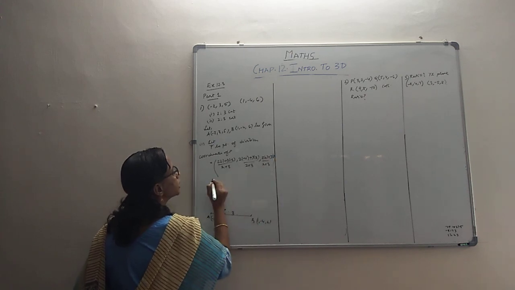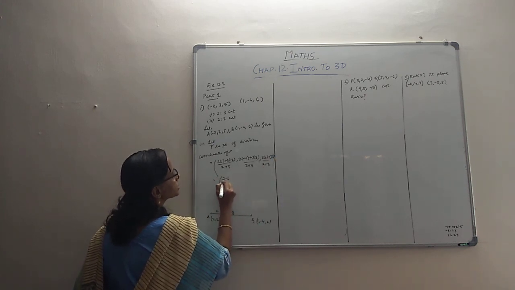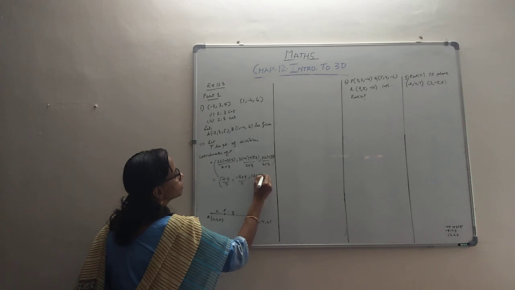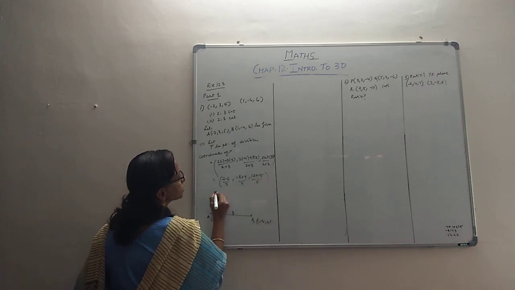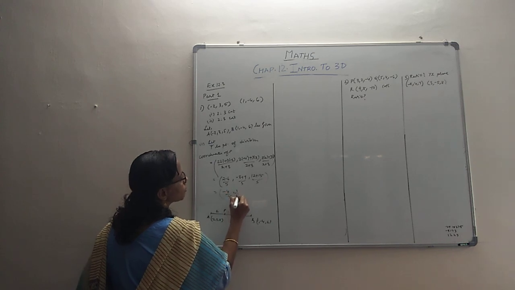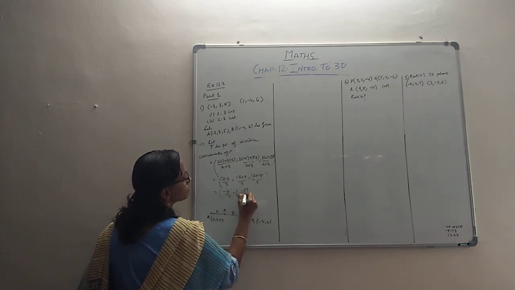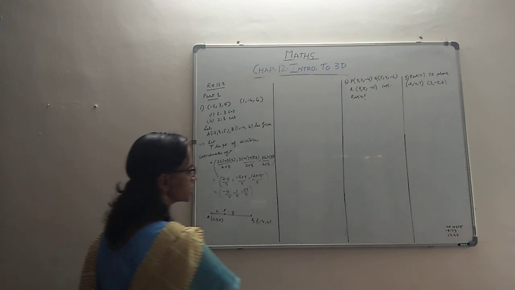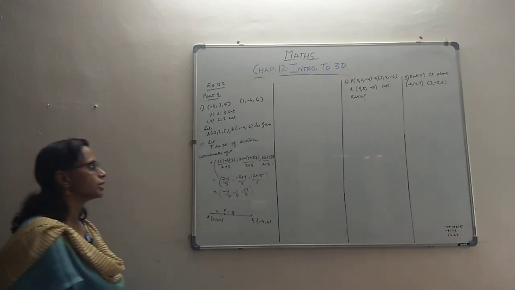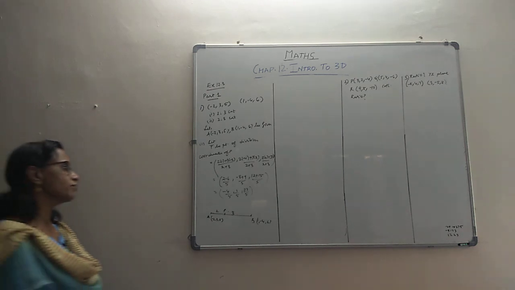So how much is it coming? It is 2 minus 6 by 5, minus 8 plus 9 by 5, 12 plus 15 by 5. So it comes to minus 4 by 5, 1 by 5 and 27 by 5. That's the coordinate of our first point.